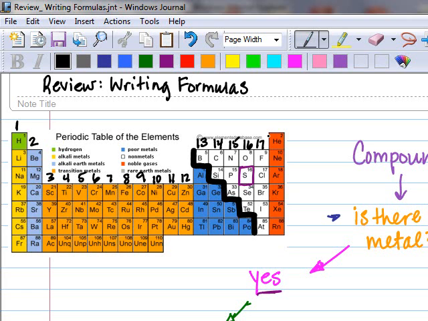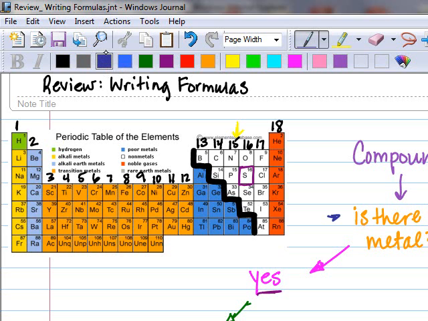The reason I'm numbering all of them is because we need to know the last number of each group, or each column, because that tells us the number of valence electrons, and that's going to help us figure out the charge.